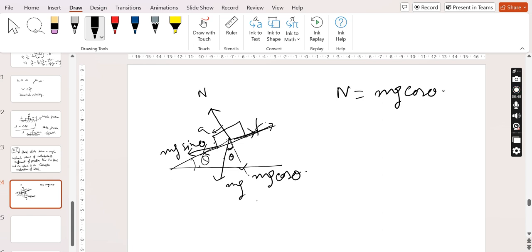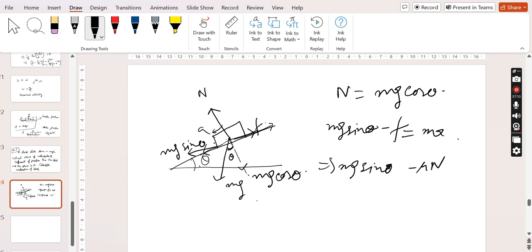And in this direction, mg sin theta is working, and in the opposite direction, f is working. This is ma. We know f is equal to mu N.